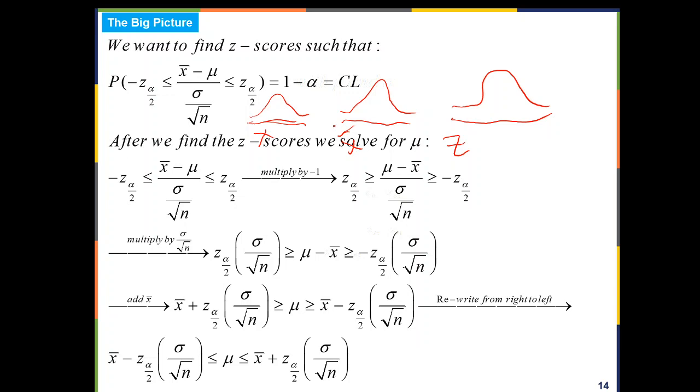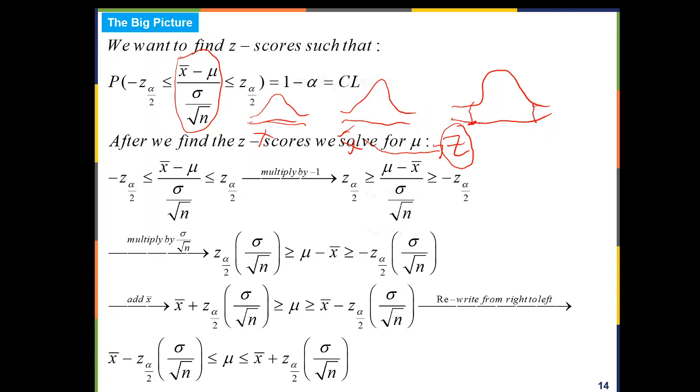Well, we have a formula for that. It's right here. x bar minus its mu divided by its standard deviation. So that's the z. So this x bar converts to that z. So this z is actually the number that has to be between this number and this number.